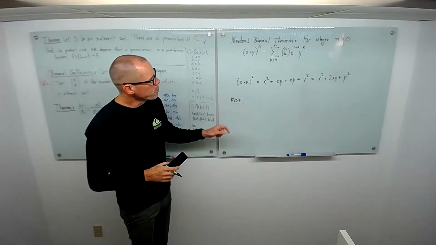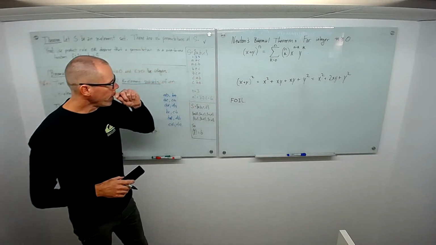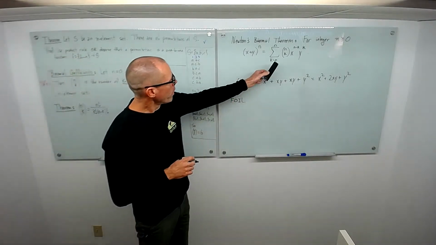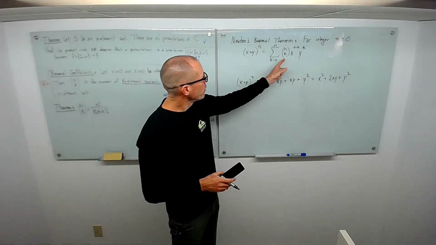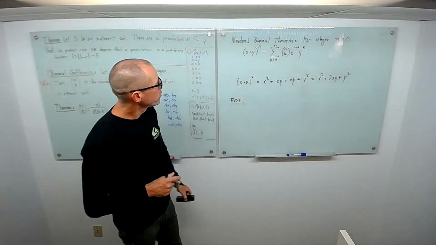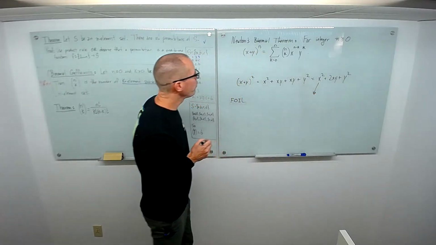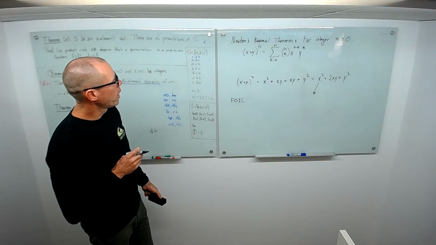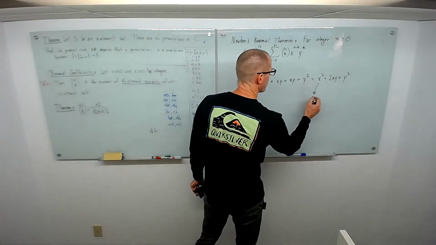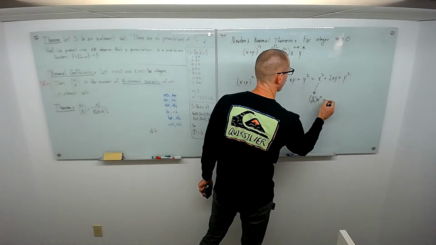And this is actually a special case of Newton's binomial formula, right? So this binomial formula tells us what these coefficients are. The coefficients are 1, 2, and 1. So let's check that. This here, it says the coefficient should be, so n is 2 in this case. So that should be 2 choose 0, x squared.